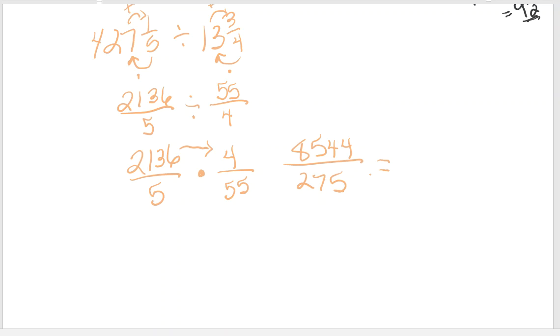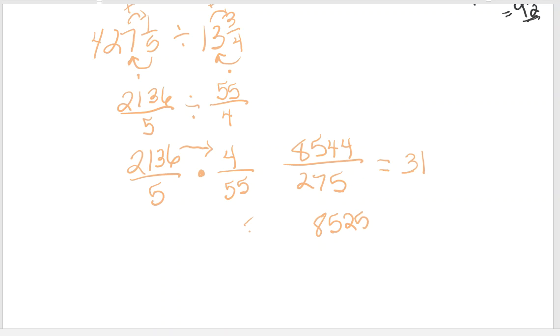Let's see if 8544 is divisible by 275. Goes in 31 times. These are some crazy answers. They're huge. Now these 31 times have used 8,525 of the top.